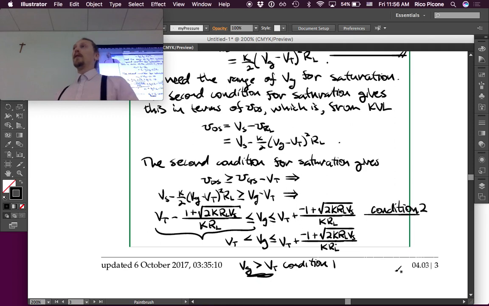If they both have to be true, that means we're more restrictive. There's a region of condition 2 for which condition 1 is not met, and so we have to restrict it.